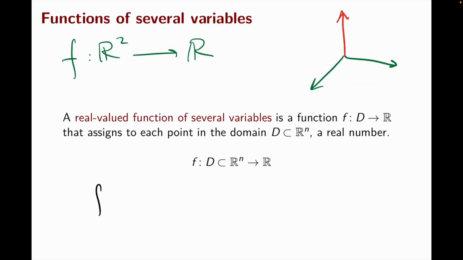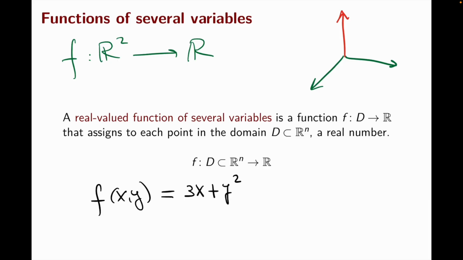So for instance, if we have a function from R2 to R such that to x, y we associate a certain operation between x and y, for instance, 3 multiplied by x plus y squared. So how do we graph this function?